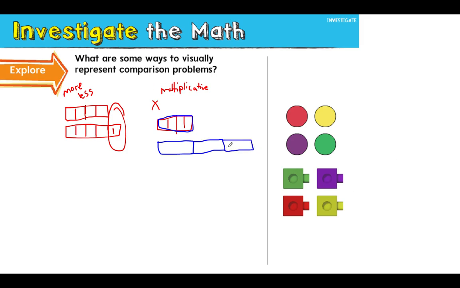This is a different kind of comparison because we're not going to draw the little line like we did back in 3rd grade. We're going to instead see how many of these are inside here. So if this is 4, we have 4, 4, and 4, 3 times as many. This is 12. So we're going to use bar models, and we're probably going to put a little times here to show that it repeated 3 times.